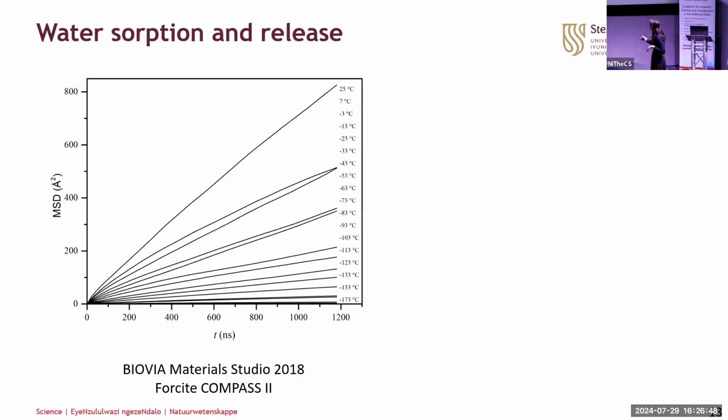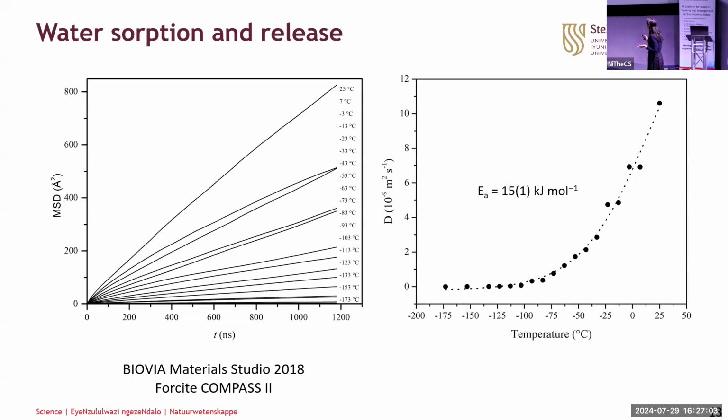And you can see that even at fairly low temperatures, there is still a certain amount of evidence that the water is actually moving inside the channel, even at these very low temperatures, which we were quite surprised by. And he was able to take this information. So the gradient of these lines is not just a random thing, it's actually the diffusion coefficient.